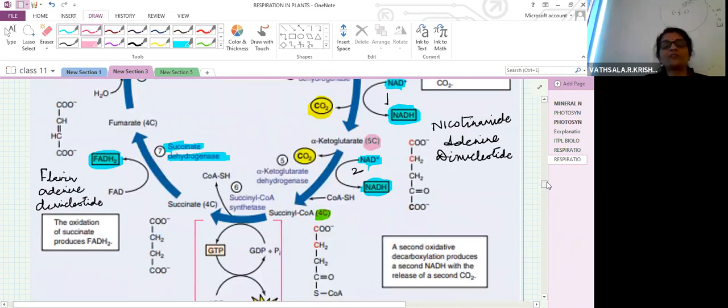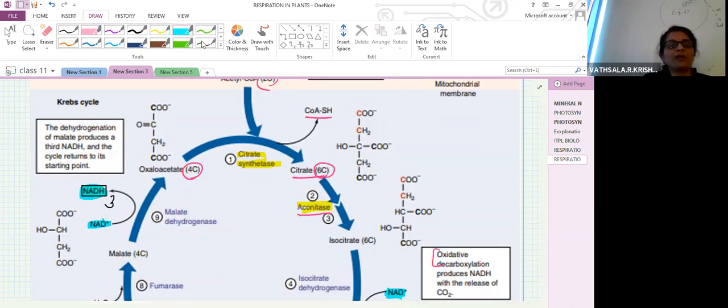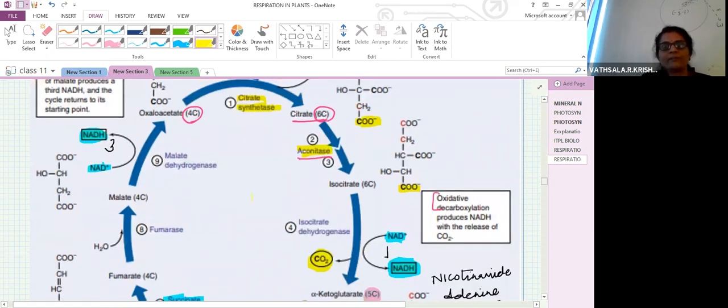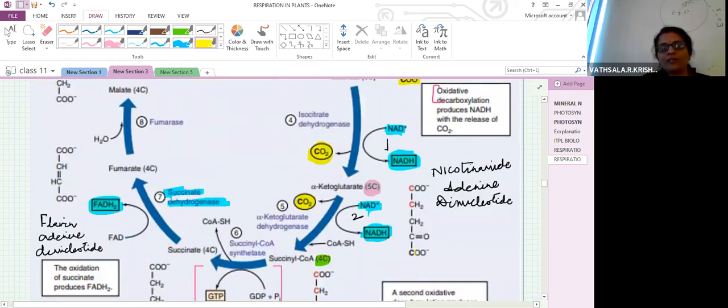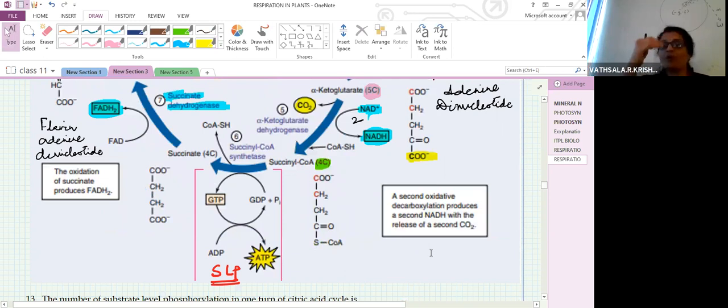You can see the structures; this is the best picture, as I told you before. See here, the carboxylic acid group is the functional group. Are you all seeing? I'm highlighting. All these three are tricarboxylic acids formed in a series, hence it's called the TCA cycle, tricarboxylic acid cycle.